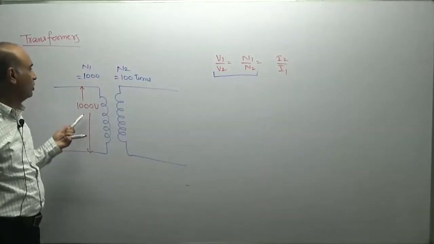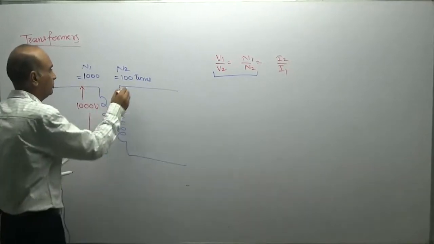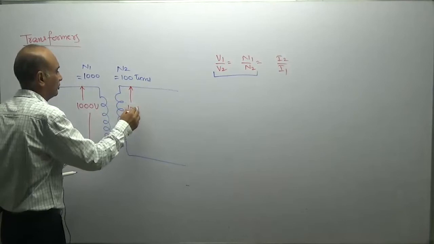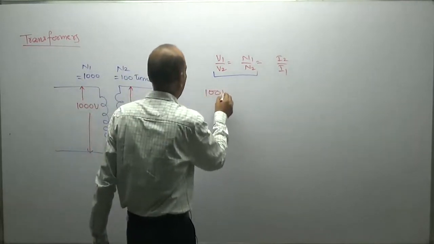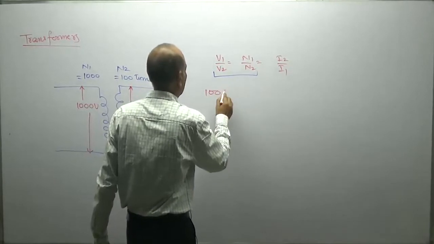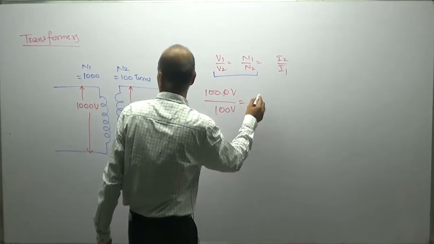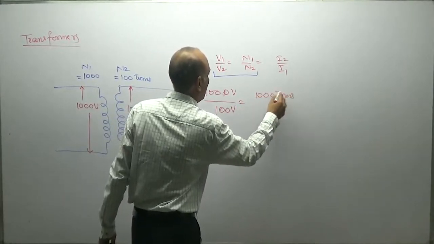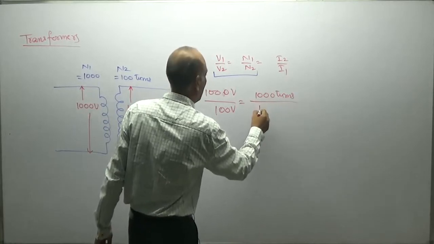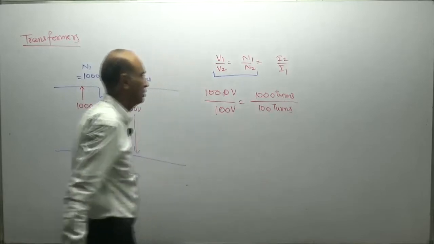So the 1000 volt will be converted into 100 volt, right? How? 1000 volt upon 100 volt is equal to 1000 turns upon 100 turns.